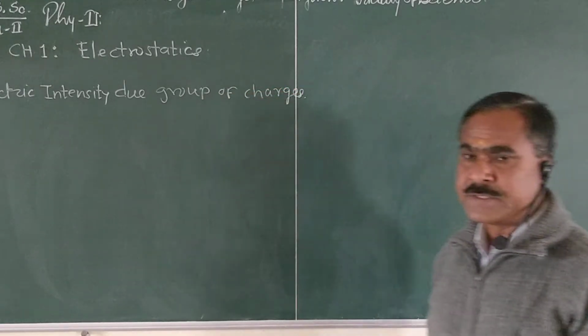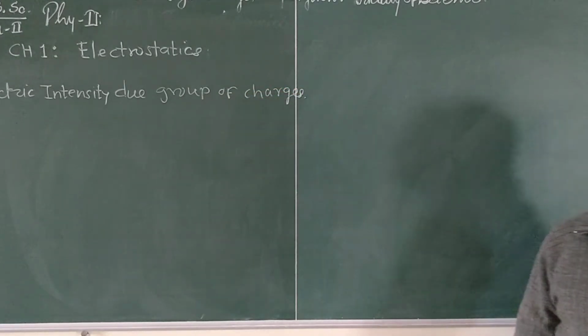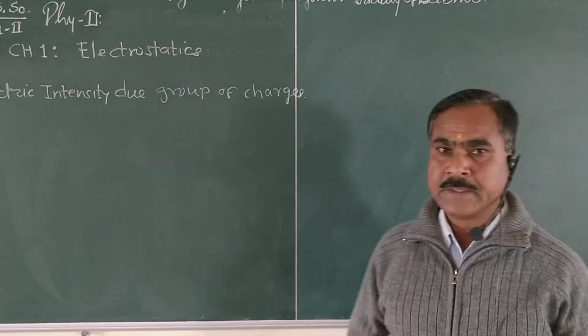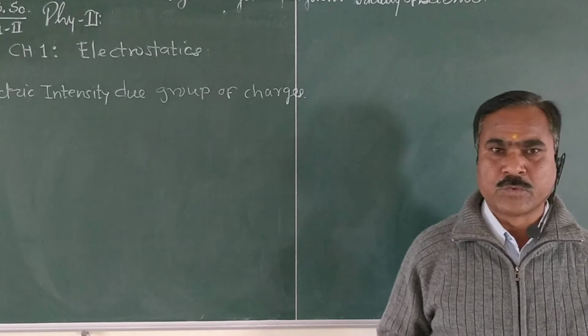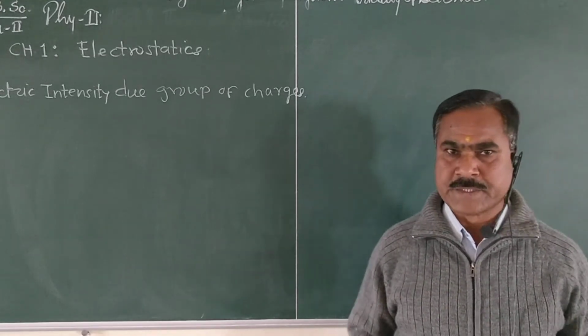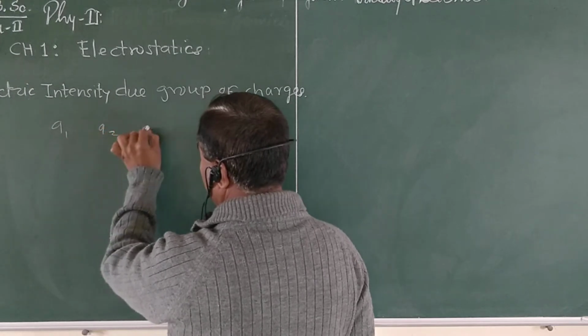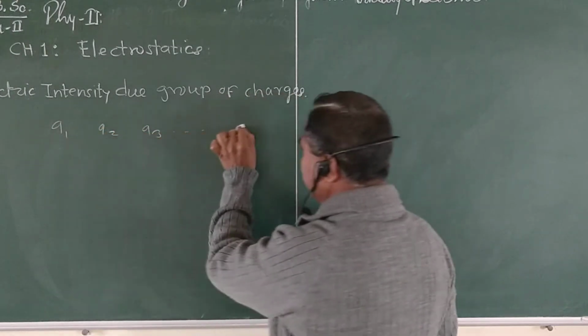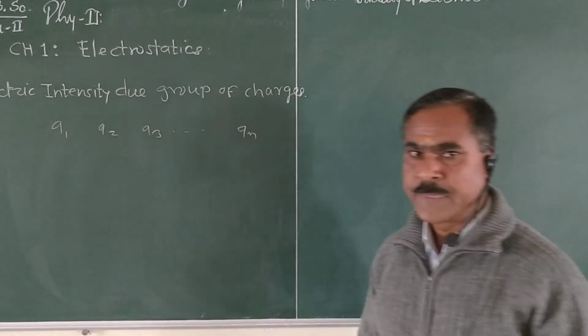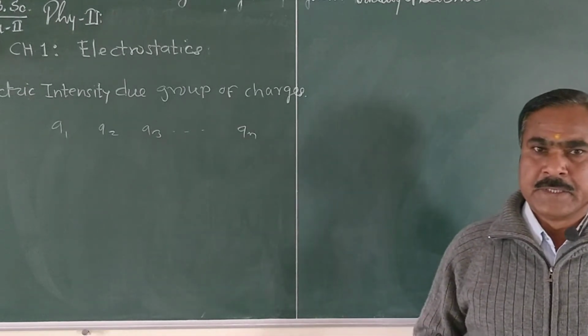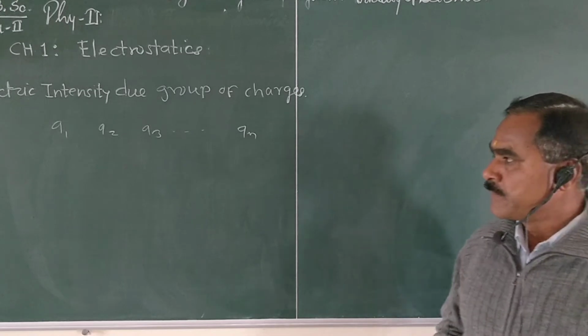The next point we consider is electric intensity due to a group of charges. For that we have to consider a number of charges, say Q1, Q2, Q3 up to Qn. These charges all produce the electric field around them.